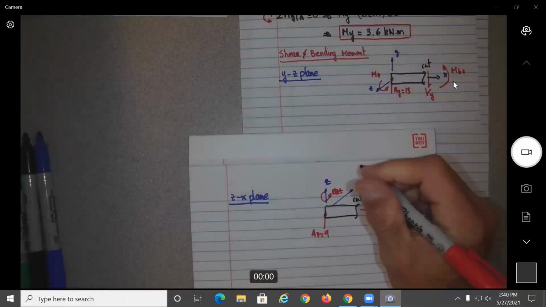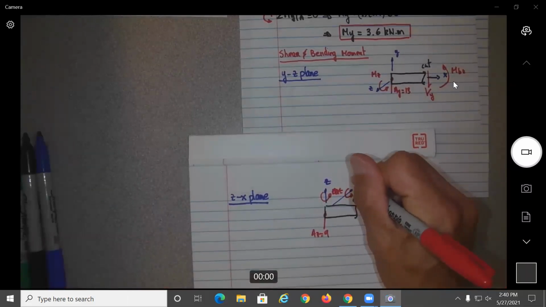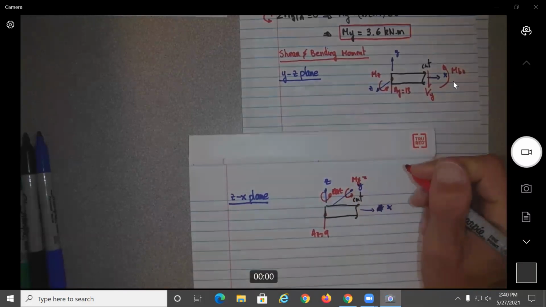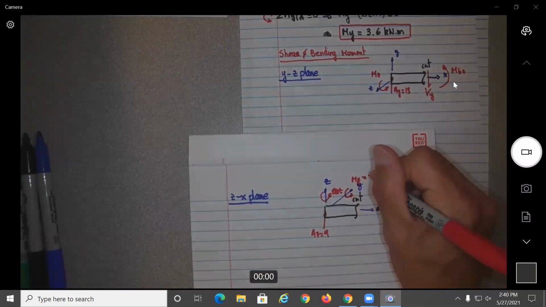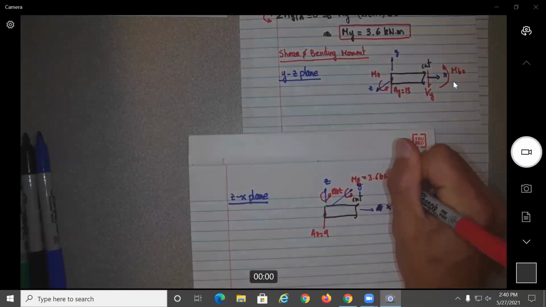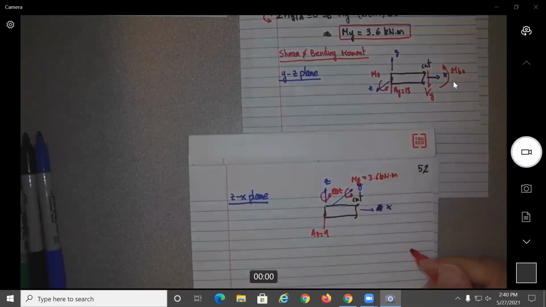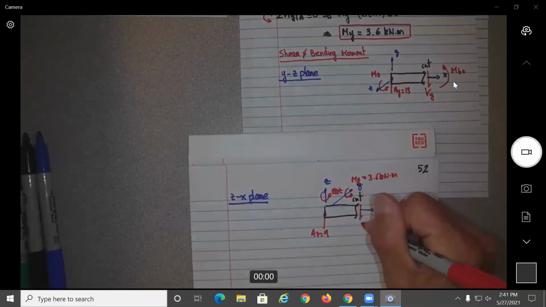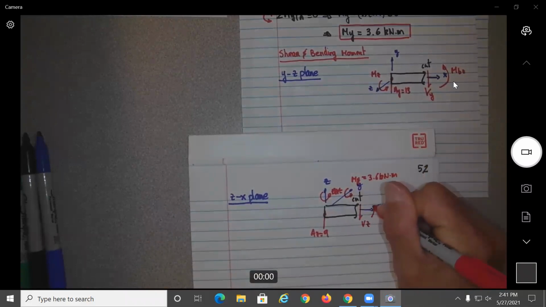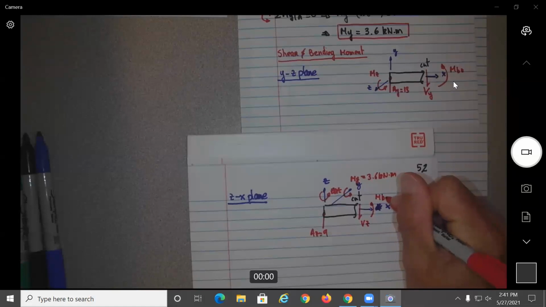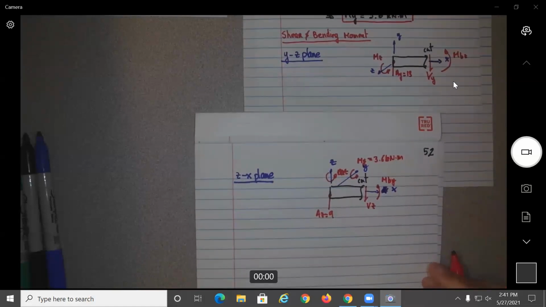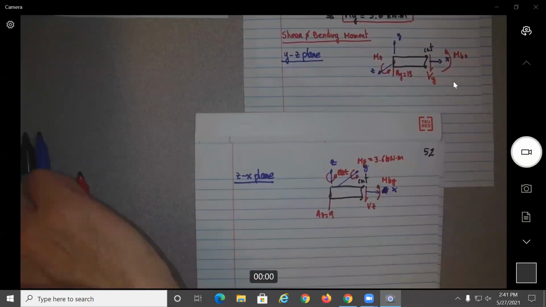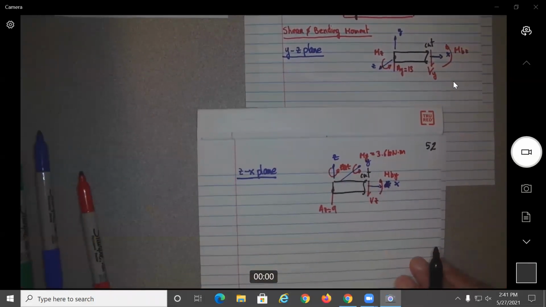There's no MZ. We need to look at the MY. The MY is 3.6. And here we'll be looking at BZ and MBY. I know it becomes complicated, that figure. But eliminate the MC that I did. I want to finish on time.